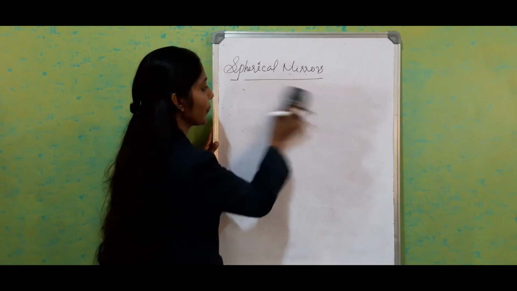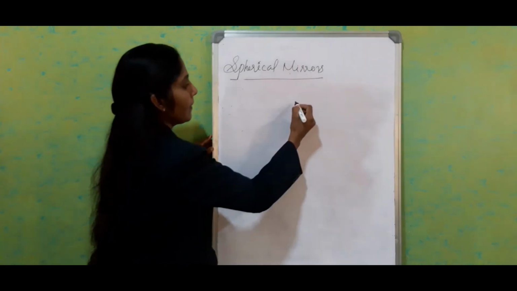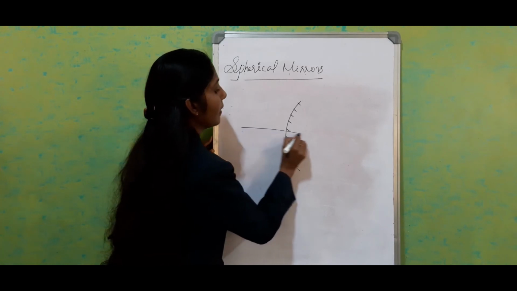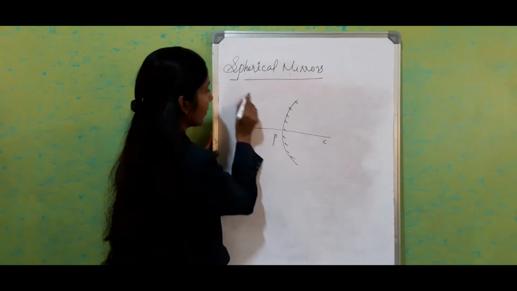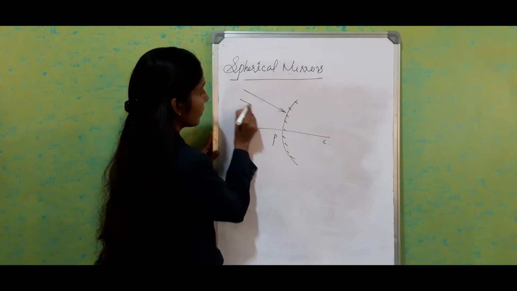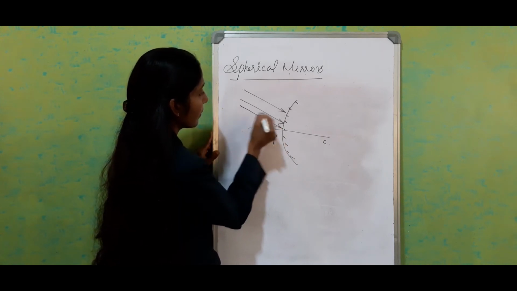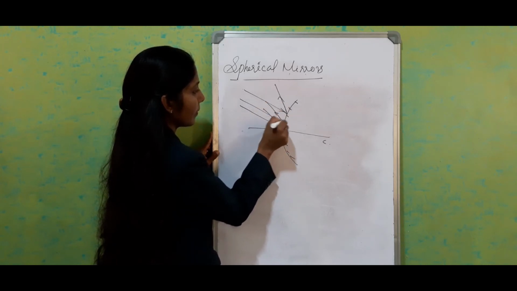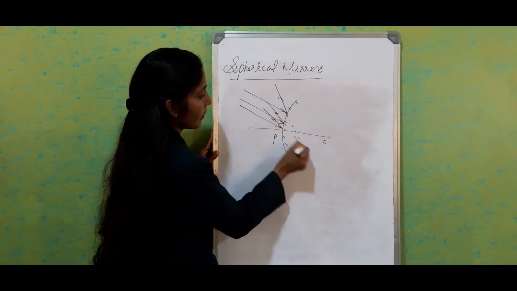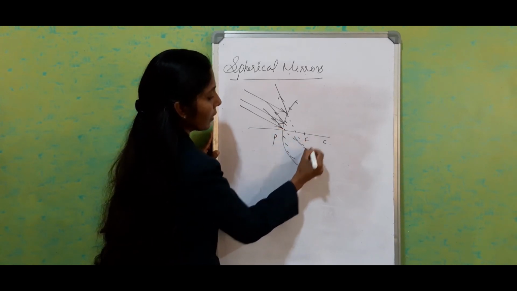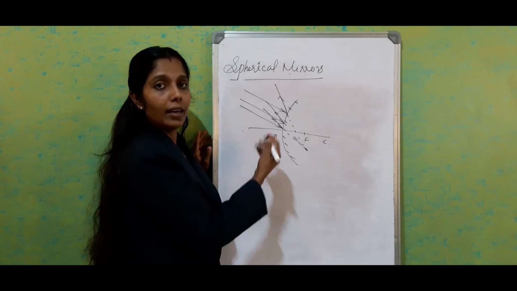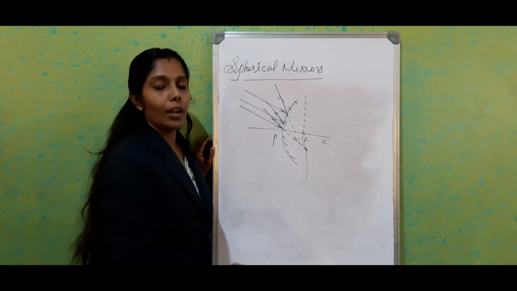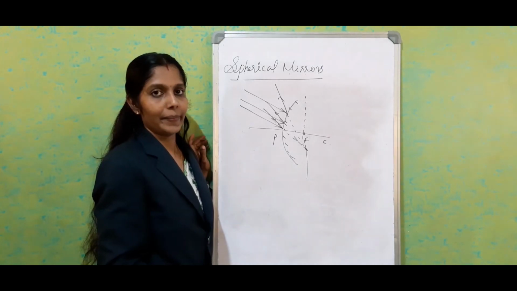We'll see that too. This is the focus, and we feel like the rays came from another point in the same plane. So we call this plane the focal plane.